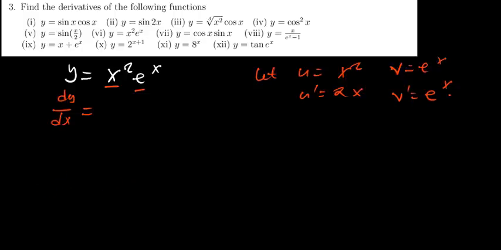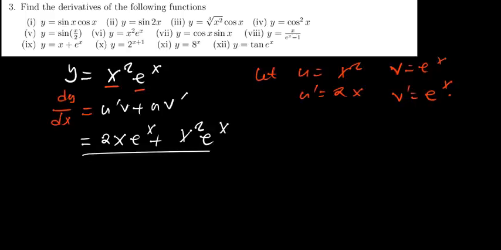Okay, so then using our formula u prime v plus u v prime, that becomes what? So my u prime is 2x, my v is e to the power x, plus my u is x squared, my v prime is e to the power x.